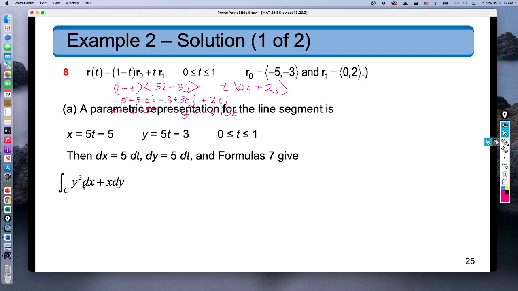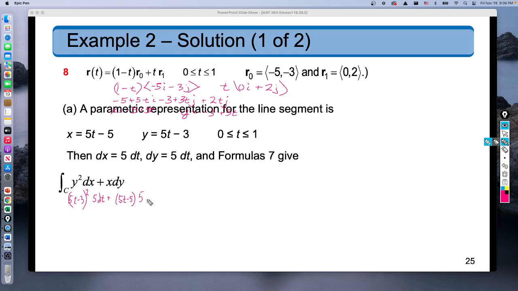So y squared is going to be 5t minus 3 squared. dx is 5 dt, plus whatever x is, which is 5t minus 5. dy is 5 dt.